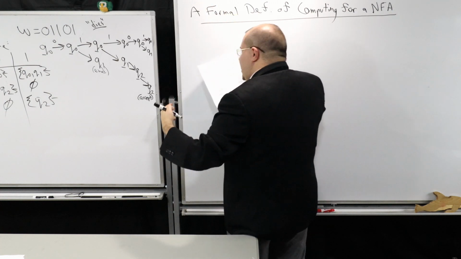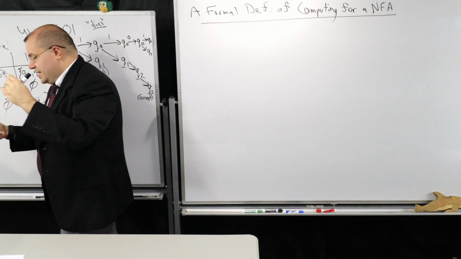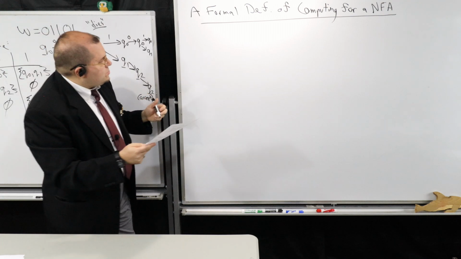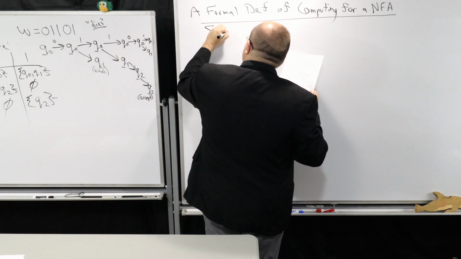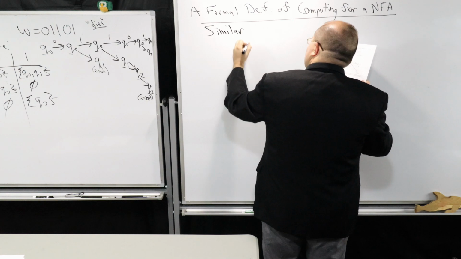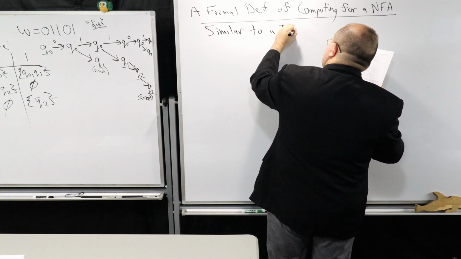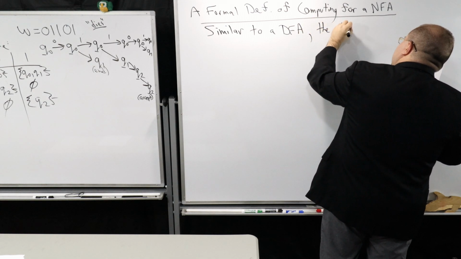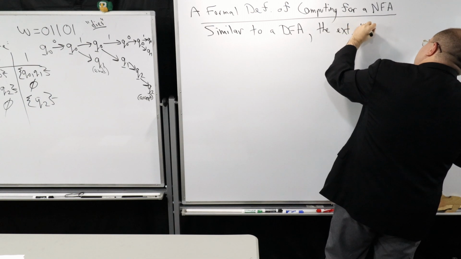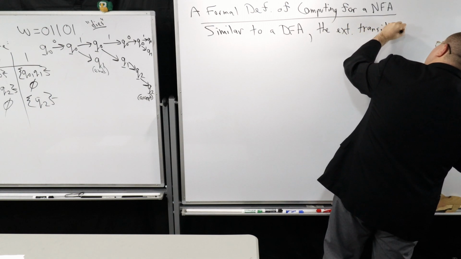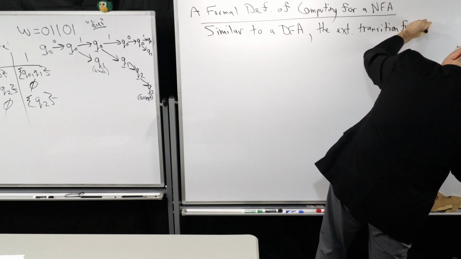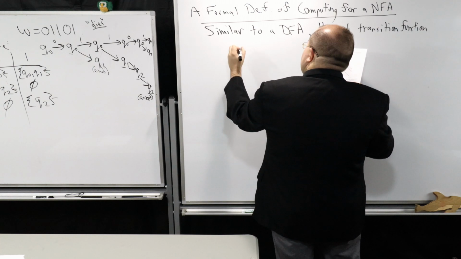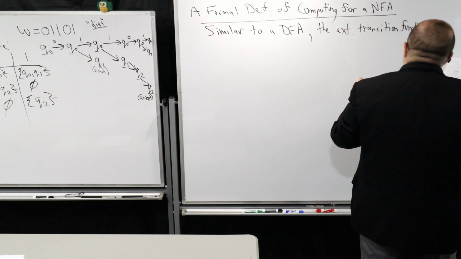So remember, an NFA takes a state and an input symbol, and then it returns a set of states. Similar to a DFA, the extended transition function takes, we're going to call this delta hat again.